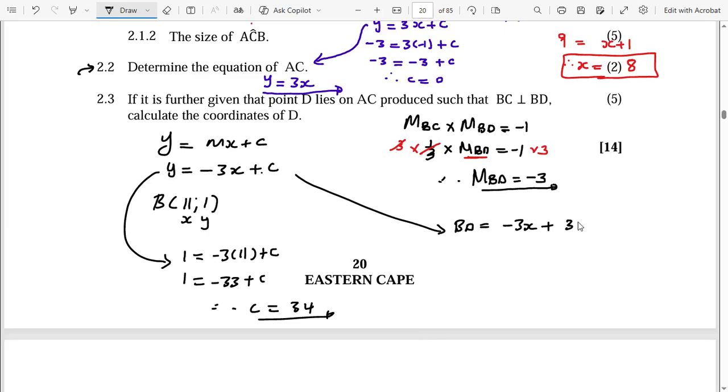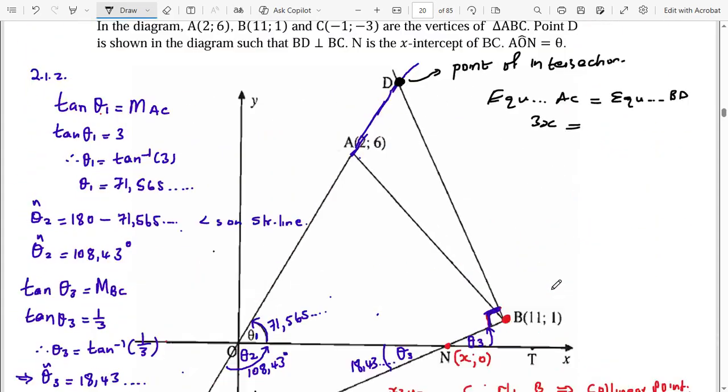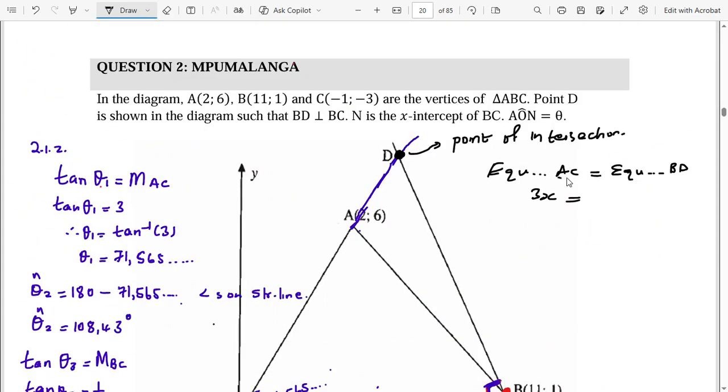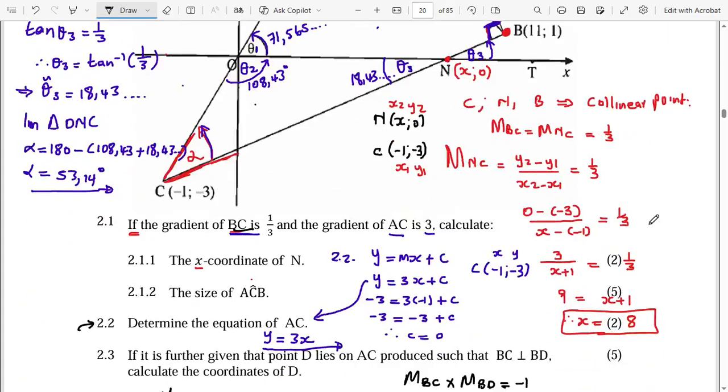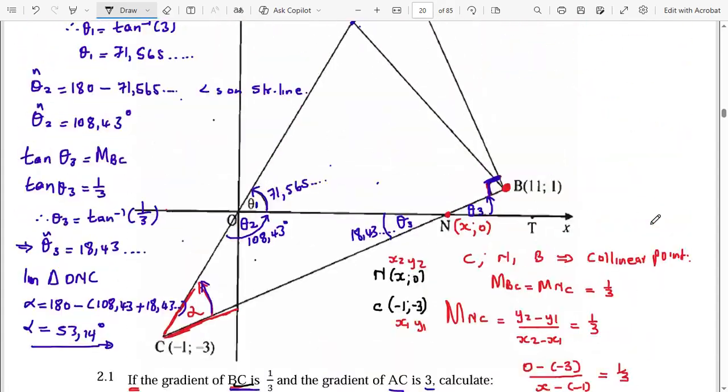If you understand how we got the equation of BD, you just have to go and sub in this BD into that part that we were working on. We said we equate the equation of AC with the equation of BD, which is -3x plus 34. Let me just confirm, -3x plus 34, that's correct.